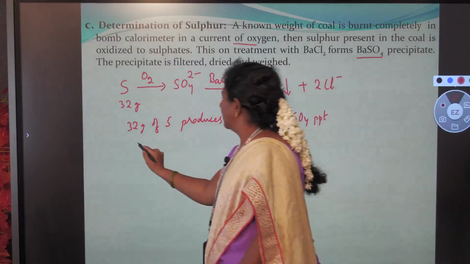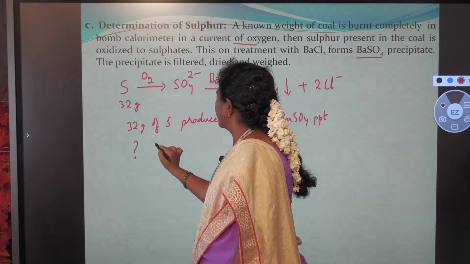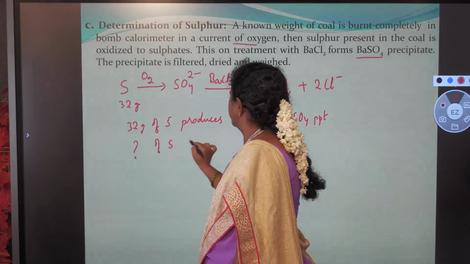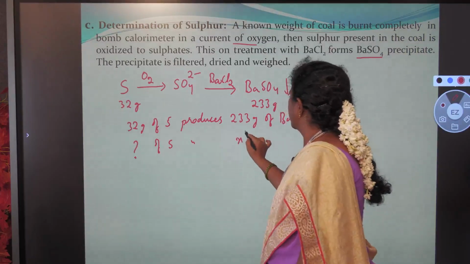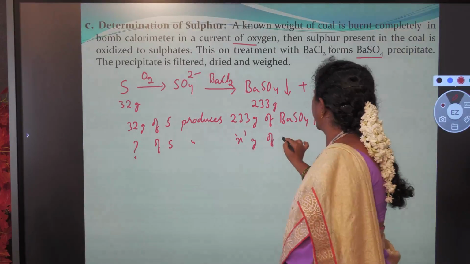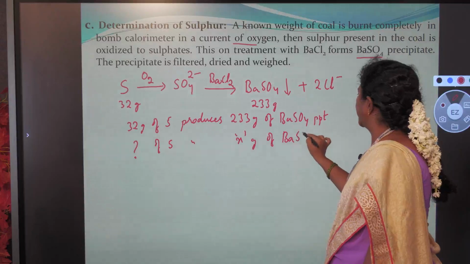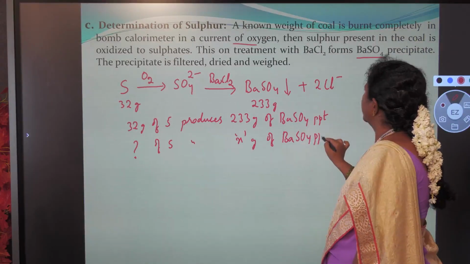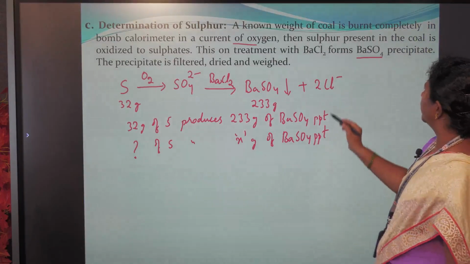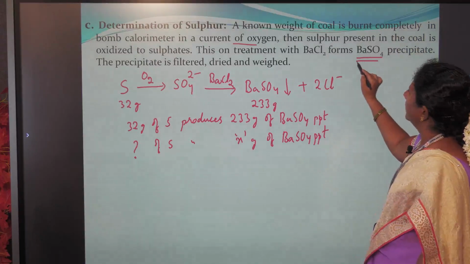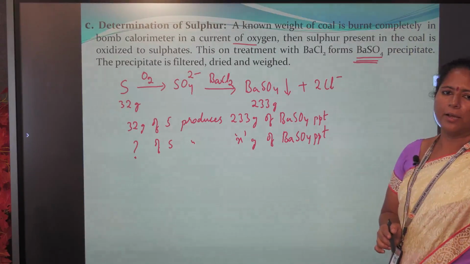Now, how many grams of sulfur produce some x grams of barium sulfate? Here x grams is nothing but the precipitate that is being filtered, dried and weighed.